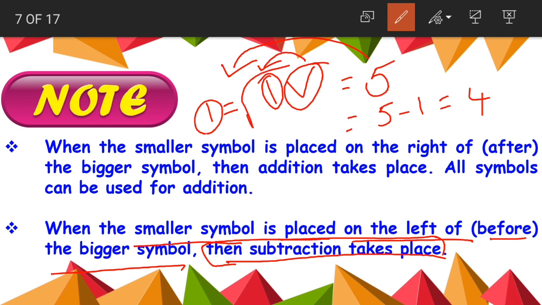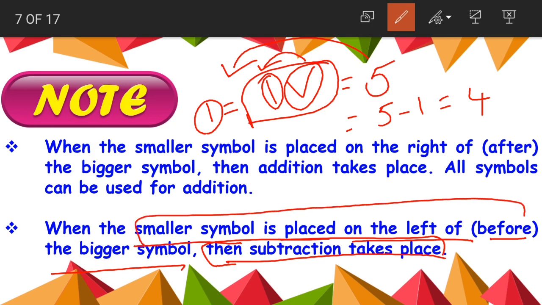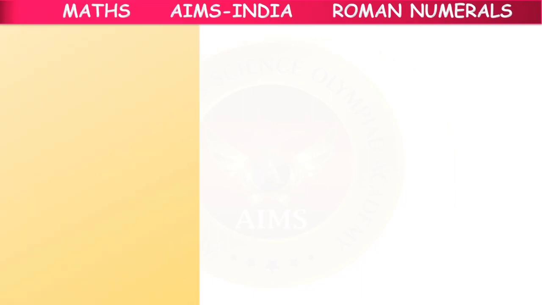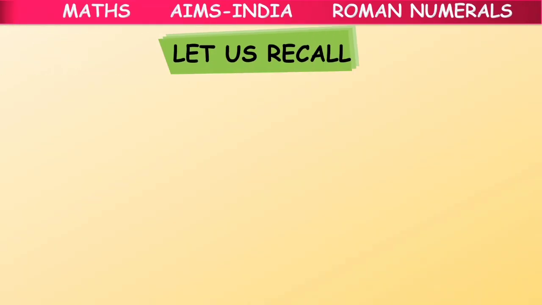Whenever you are confused, you can take this example of 4, through which you will understand that when a smaller symbol is on the left of the bigger symbol, you subtract the smaller symbol from the bigger symbol. I hope this was clear, children. These were the rules of using Roman numerals. What was the first rule, children?